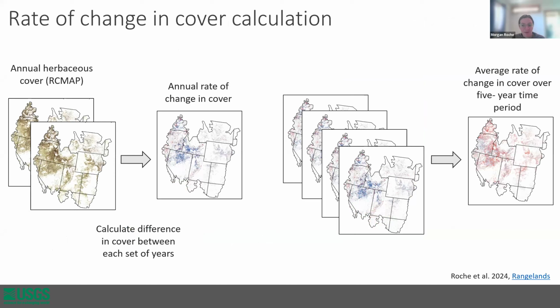We calculated the annual difference in cover and averaged that over 5 years, basically to decrease the sensitivity to year-to-year fluctuation in annual vegetation. This allowed us to focus on longer term trends. I want to highlight here that rates of change this way represent changes in cover within locations, not spread over space.